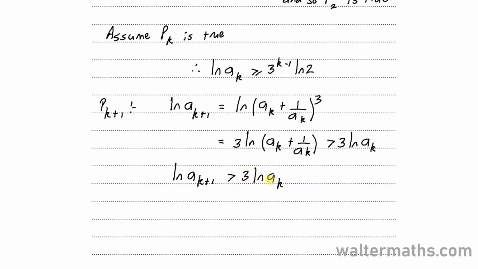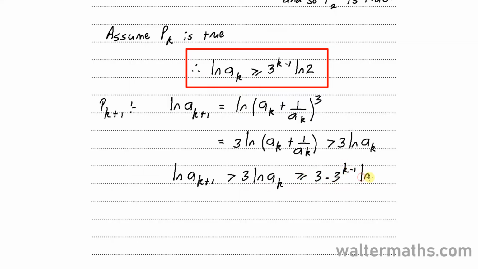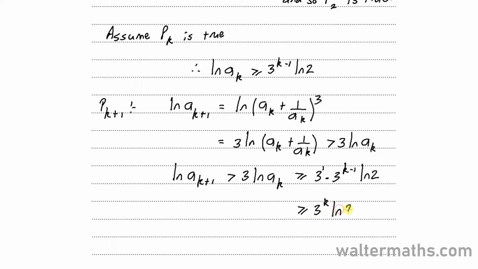Now from here, we can use the inductive hypothesis to say this should be greater than or equal to 3 times 3 to the power of k minus 1 ln 2. And since 3 is 3 to the power 1, that's the same as 3 to the power of 1 plus k minus 1, which will just give us k. So it's 3 to the power k ln 2.